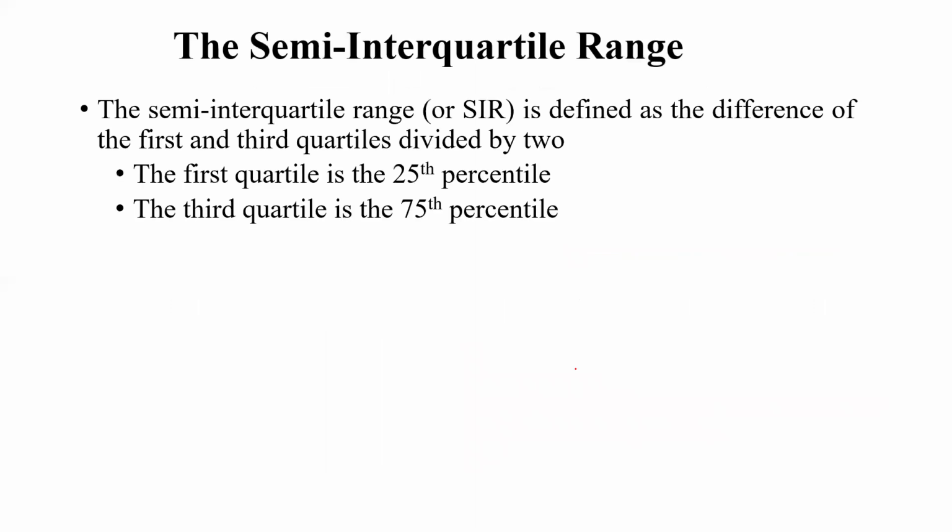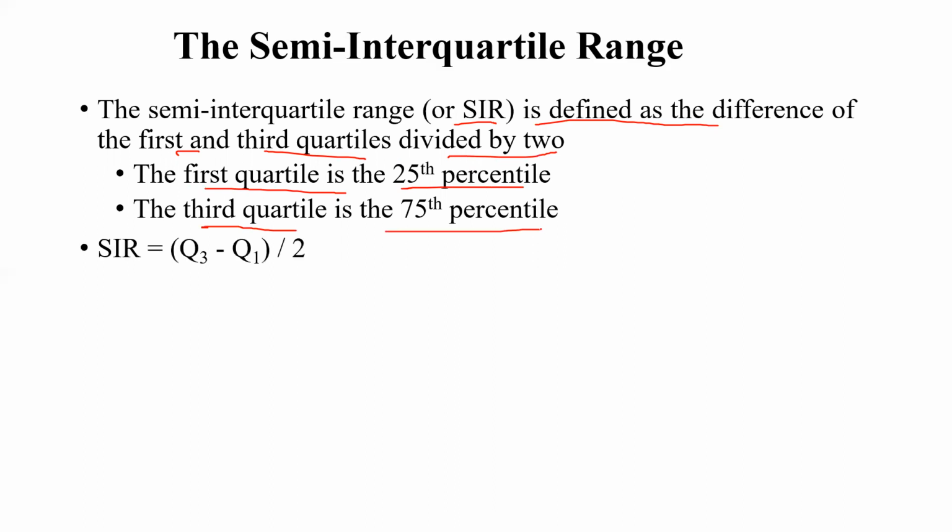Now, what is the semi-interquartile range? The semi-interquartile range, SIR in short form, is defined as the difference of the first and third quartiles divided by 2. The first quartile is the 25th percentile and the third quartile is the 75th percentile.